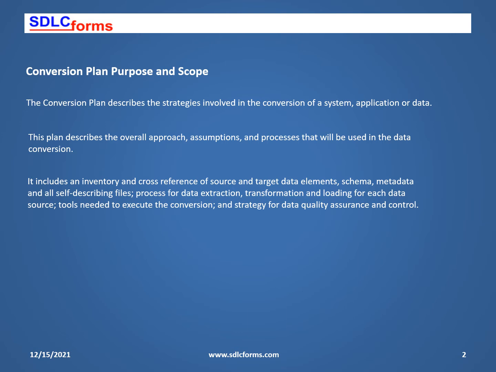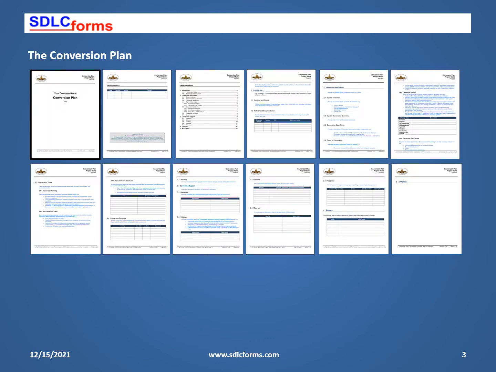This document has been successfully used in many projects. All of the topics illustrated in this document are essential. A typical conversion plan should consist of at least 12 pages to impart sufficient detail about the planned conversion.